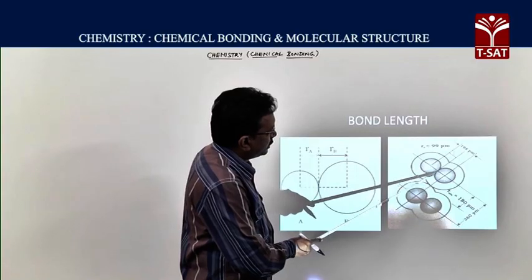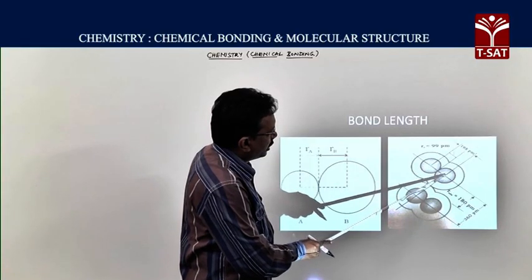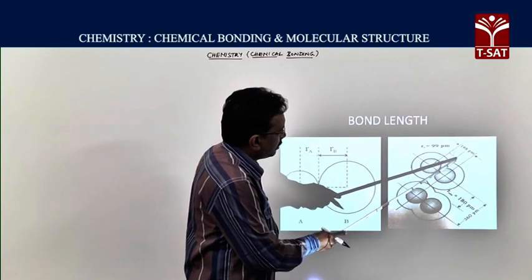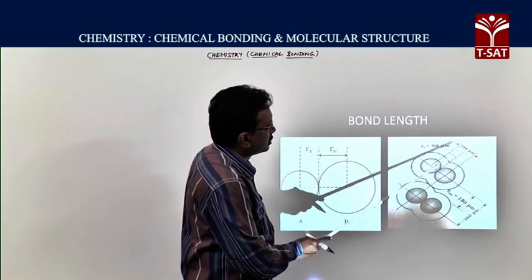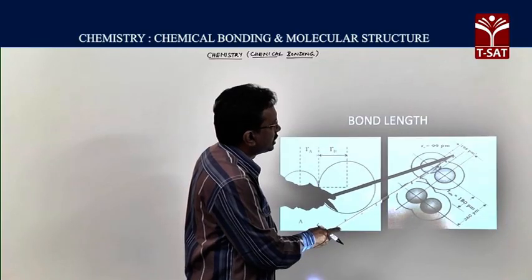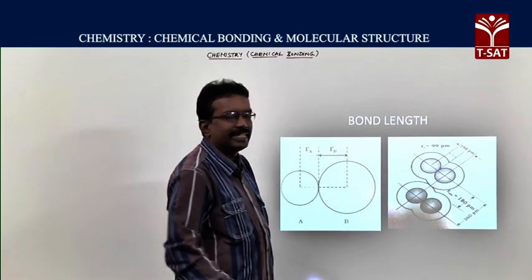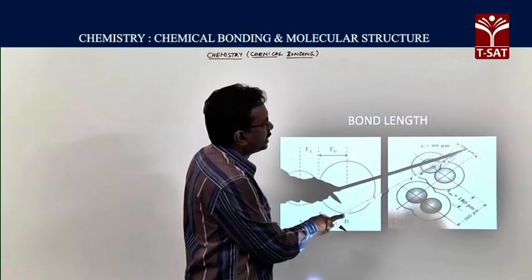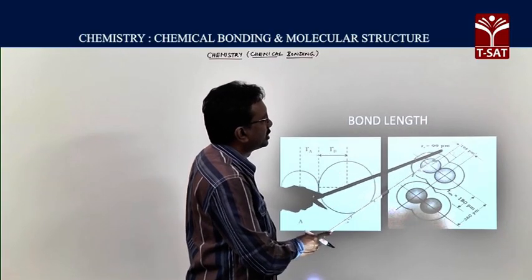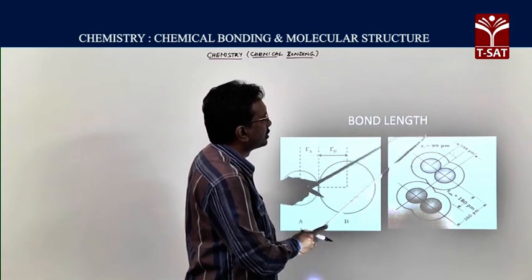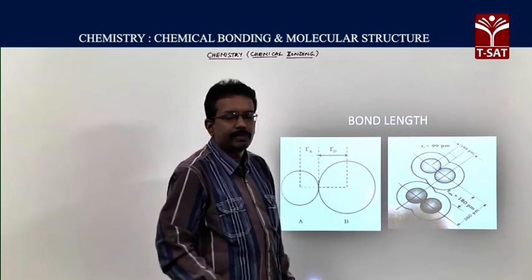Now this is the internuclear distance, and from here to here is half of the internuclear distance. That half of the internuclear distance is called the covalent radius. So the internuclear distance is 198, half of this is 99 picometers. That means this 99 picometers is now considered the covalent radius of chlorine.